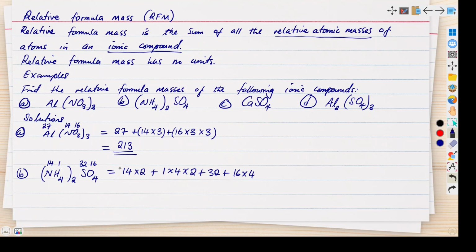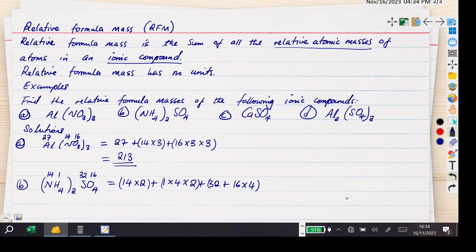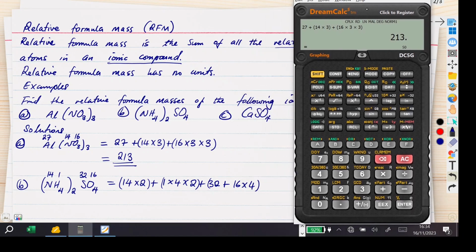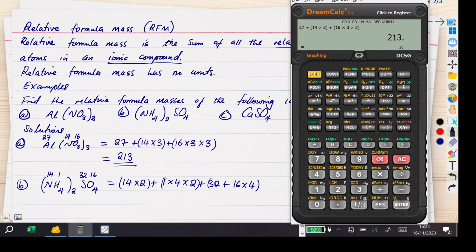So now if you want, you can put these in brackets on your calculator so that you do it quickly. You get your calculator, then you enter these values. You say open brackets, 14 times 2, close brackets, then plus, open brackets, 1 times 4 times 2, close brackets.